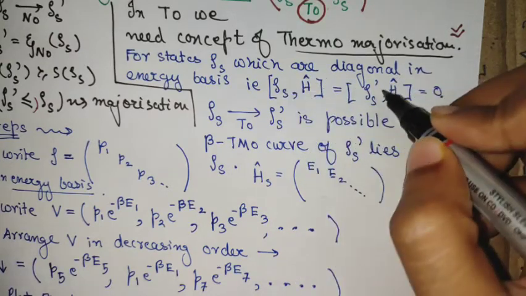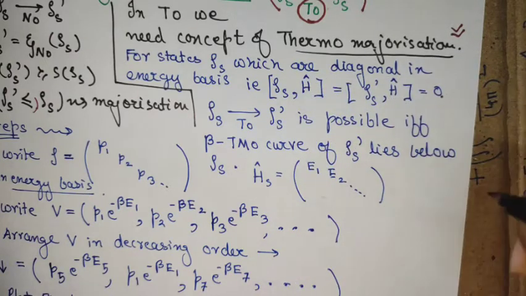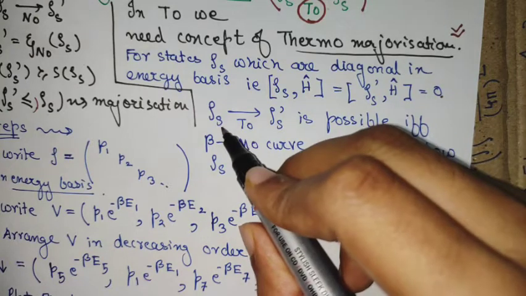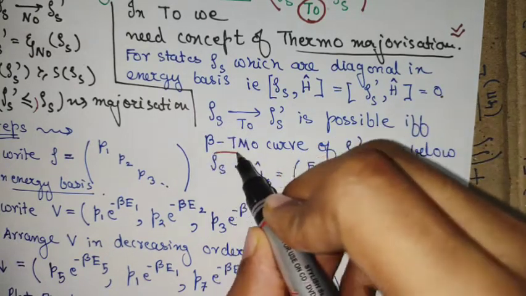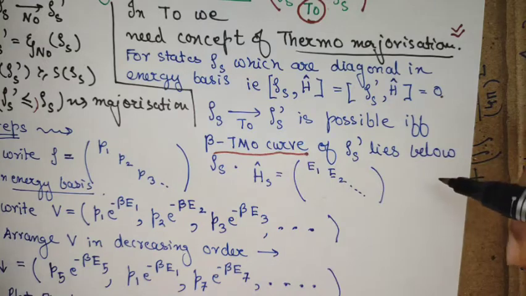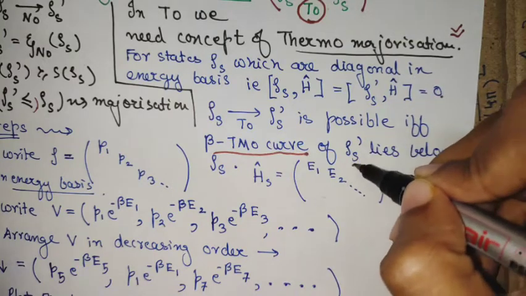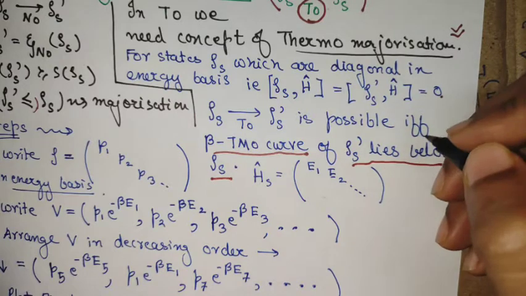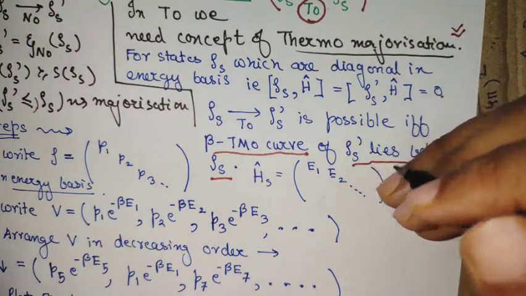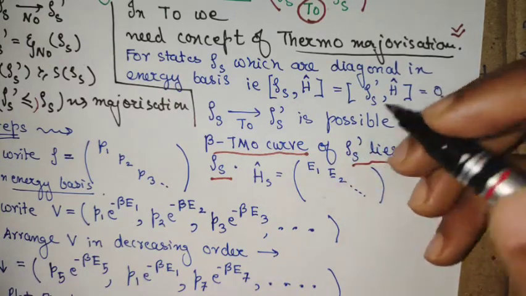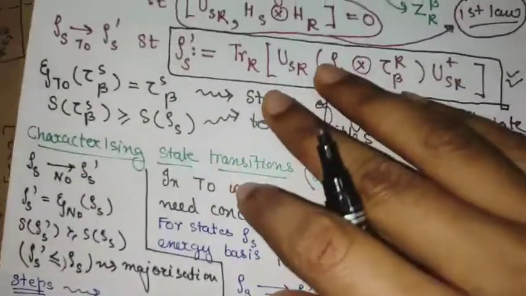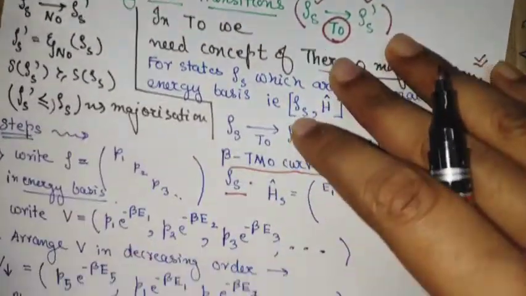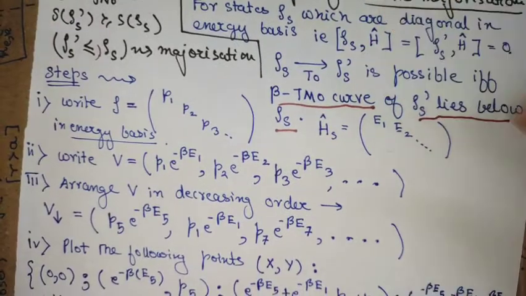So we have to plot two curves, and which curve lies below or above decides whether such thermal operations will actually guarantee such a transition.